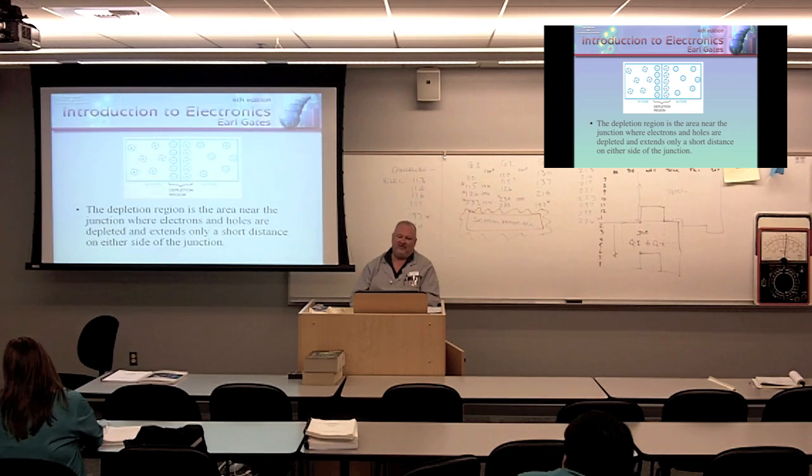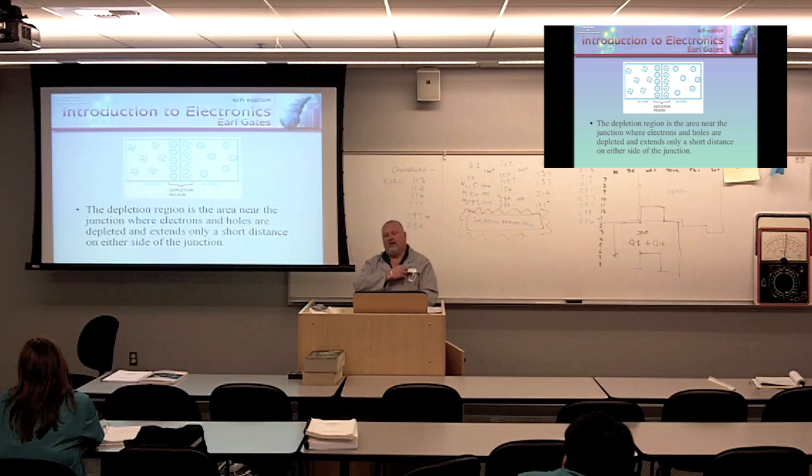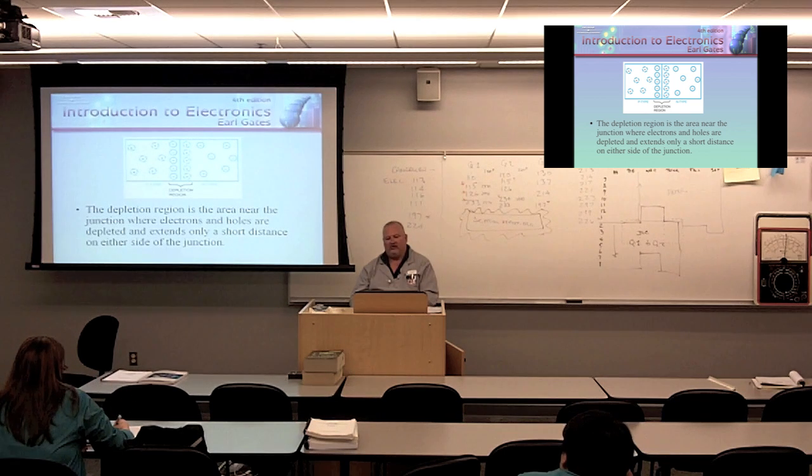You've got N material butted right up against P material, P and N material. We're going to create what's known as a depletion region. The depletion region is near the junction where electrons and holes are depleted and extends only a short distance on either side of the junction.